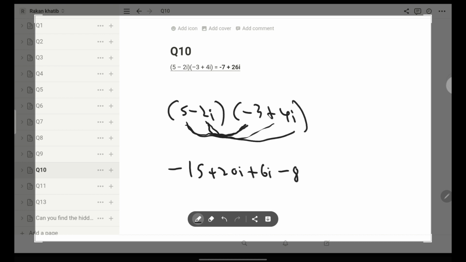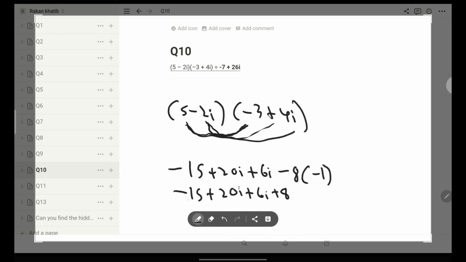Now we already said that i squared is always equal to -1. It's always like that. That's a rule. So we just put -1 instead of i squared. So let's just erase this, put -1 here, and we're gonna get -15 plus 20i plus 6i, and then -8 times -1, that's +8.